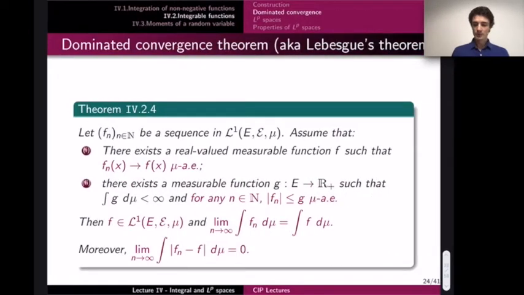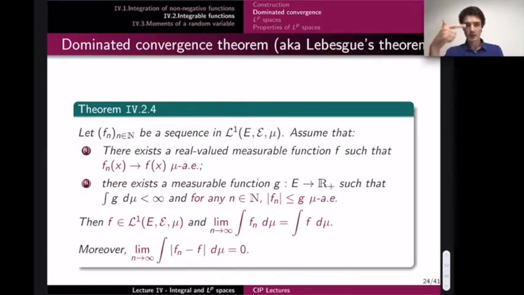Perhaps, along with the monotone convergence theorem, one of the most important results of integration theory will be the dominated convergence theorem. Usually in English it's more frequently called the Lebesgue theorem, and it goes like this. Assume that fn is a sequence of integrable functions, so there is no assumption of monotony here, and assume that fn converges to f μ-almost everywhere.